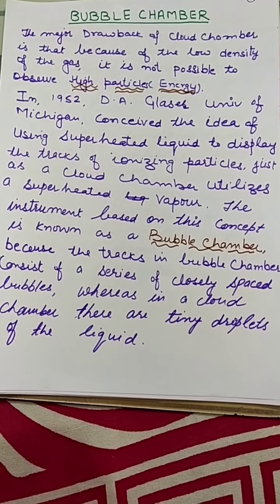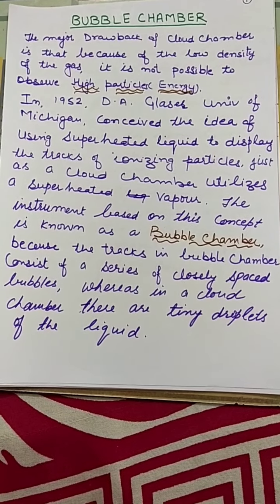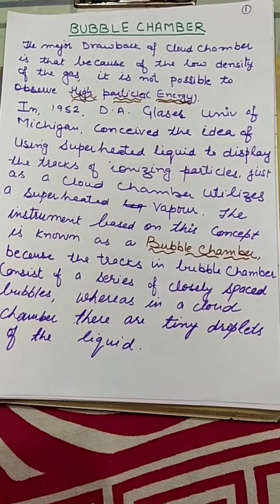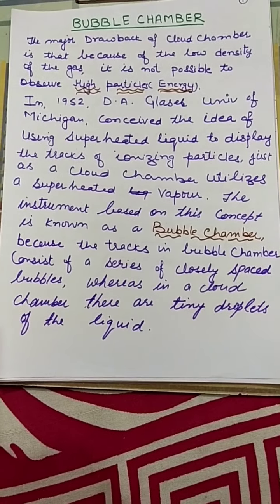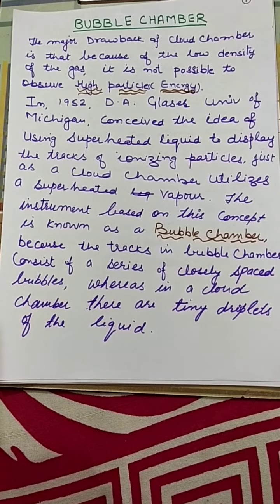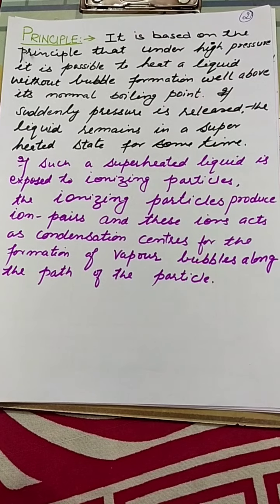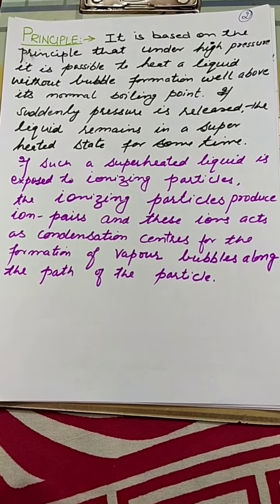The tracks in a bubble chamber consist of a series of closely spaced bubbles, whereas in a cloud chamber there are tiny droplets of liquid. Now the principle on which the bubble chamber works.